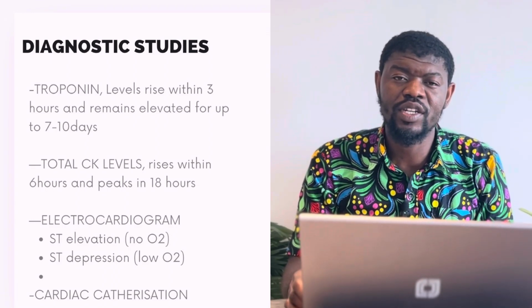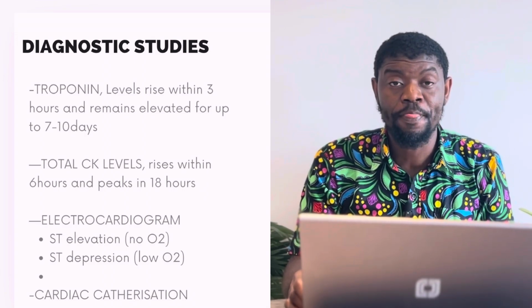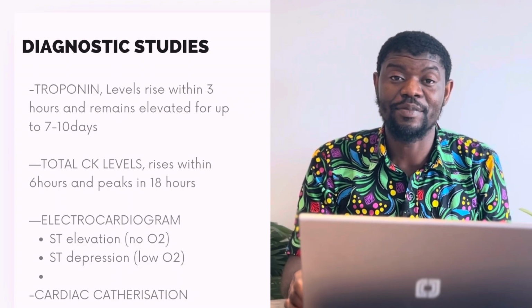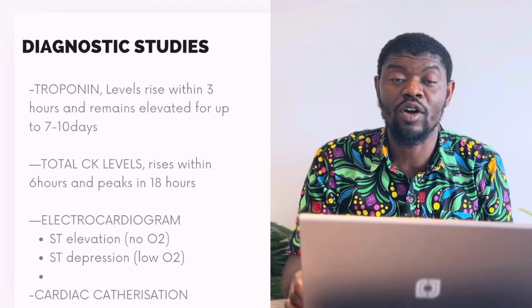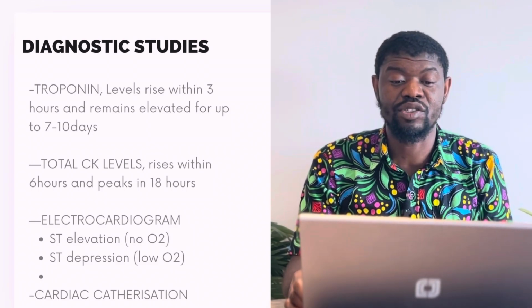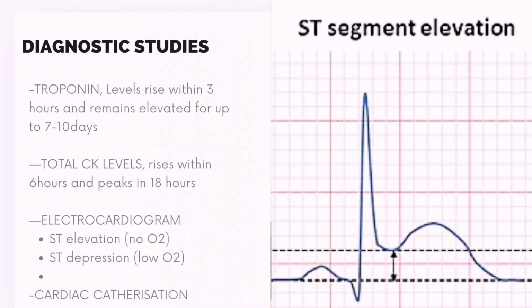Now, we would also need to do an electrocardiogram, which is an ECG, and basically changes in your ST segment will tell us what level of myocardial infarction you may be experiencing. So when you have ST elevation, it's indicative that there is no oxygen supply to the myocardium.